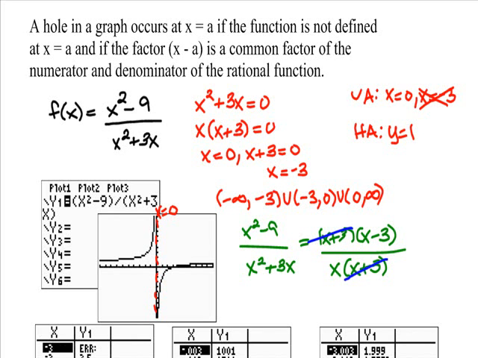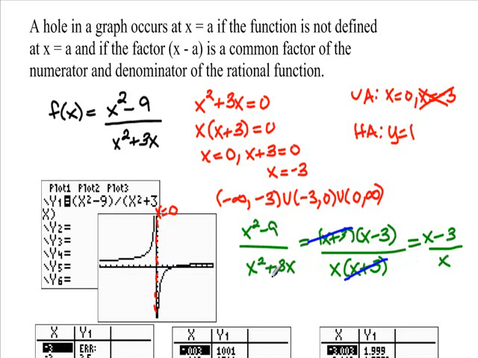That x plus 3 divides out. And so that reduces them to x minus 3 over x. Okay? So we only have one vertical asymptote, and that is where this final function has a denominator equal to 0, which is at x equals 0.